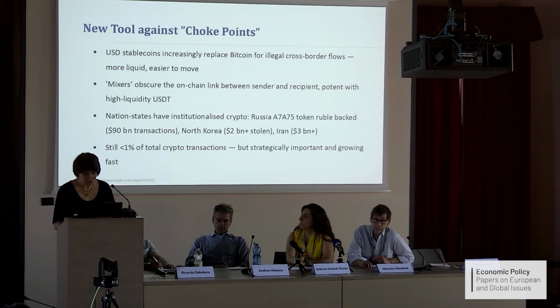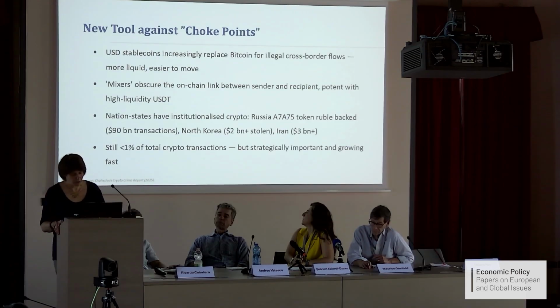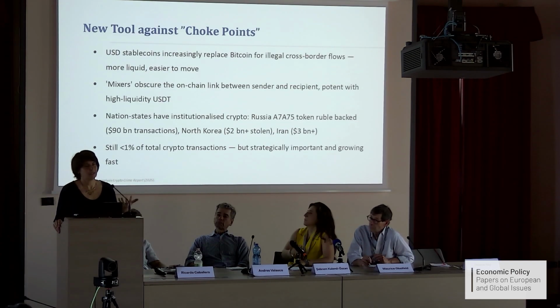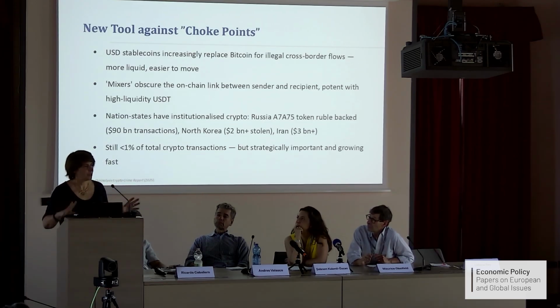And one thing that we know is that there's a very fast growing Russian token, a ruble stablecoin, for example, in the recent period. We also have North Korea, we also have Iran, and we also know that for the very liquid stablecoins such as Tether, the more liquid you are, the better the ability to hide illicit transactions, right?